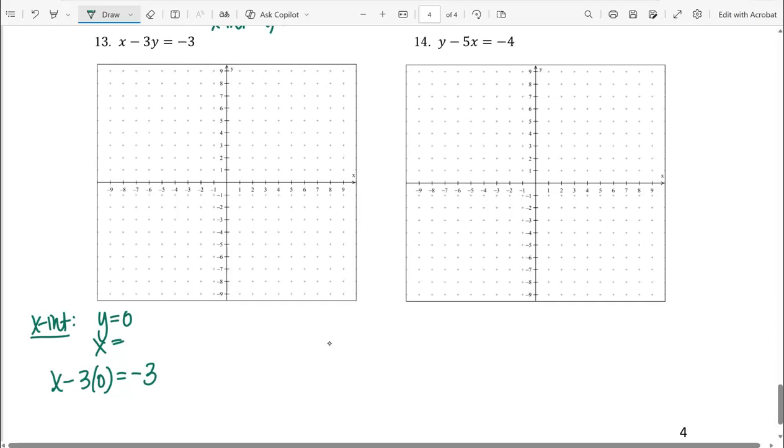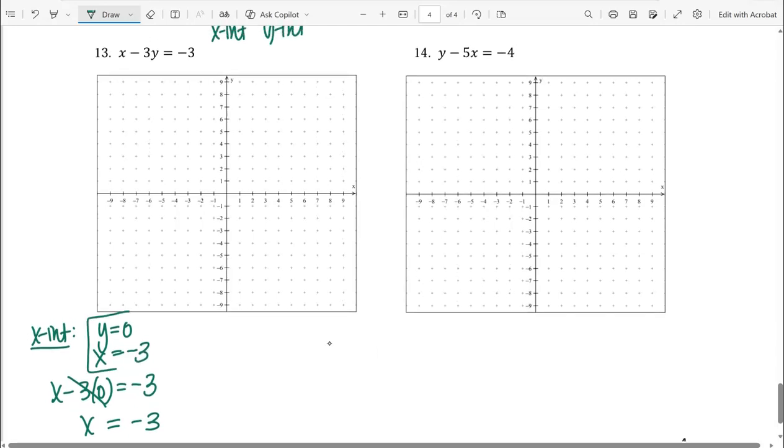In doing that, -3 times 0 is 0, which really just disappears, right? X minus 0 is just x, and x is -3. So together, those create the ordered pair. Put the x value first, y value second, meaning I should plot a point on the x-axis at -3.